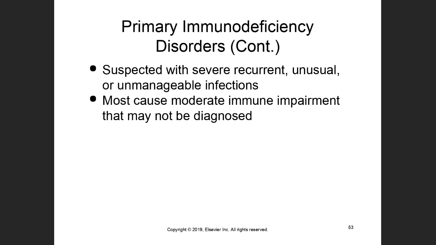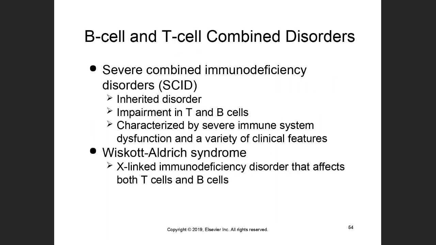Most common is moderate immune impairment that may not be diagnosed. Those conditions are extremely weird, okay? Maybe when you get to the hospital, when you become a nurse, and you are practicing for a couple of years, maybe you see one case, but they are extremely weird, okay?